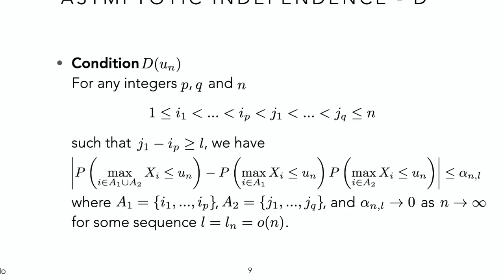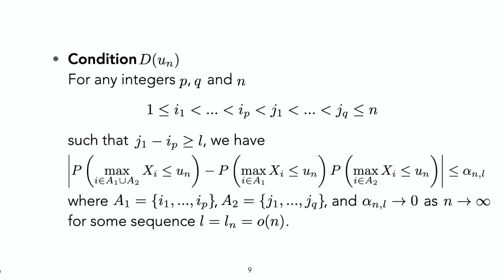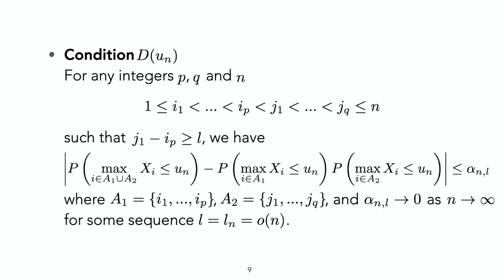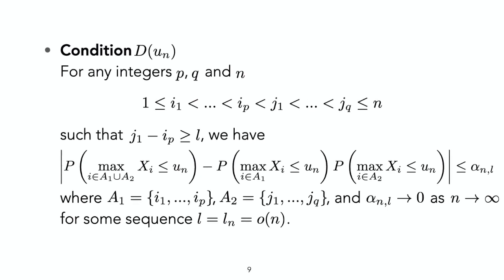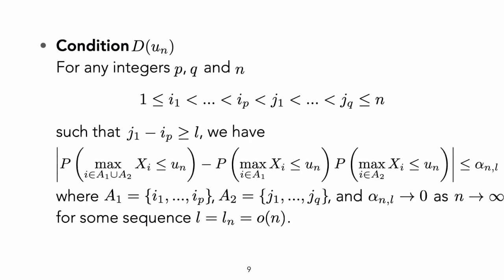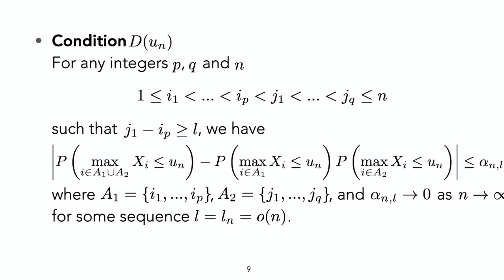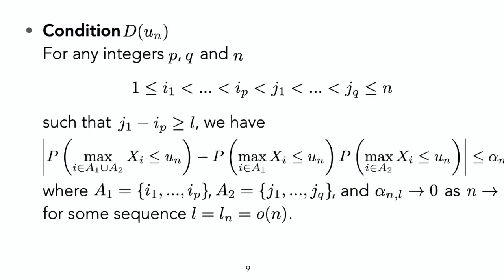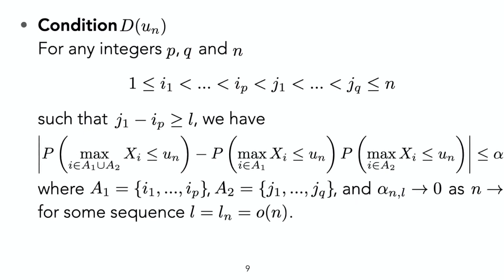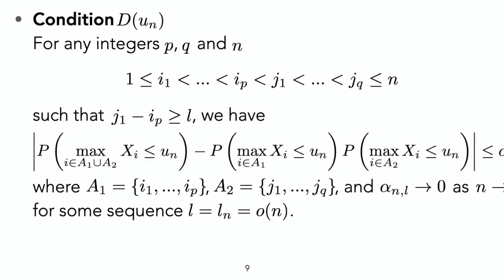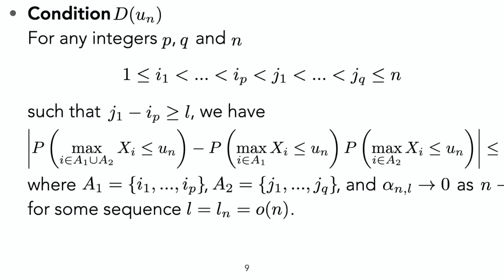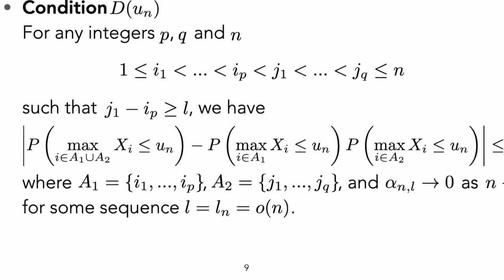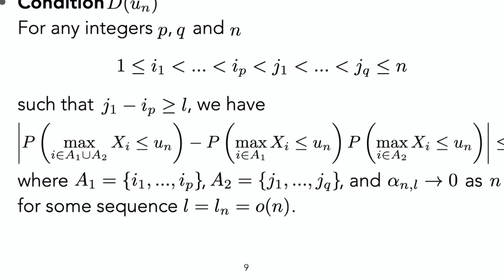So what we are requiring is nothing more than the fact that if we consider our time series and take two different time intervals that do not overlap, the more our time series grows, so the more n tends to infinity, the more the maxima that we can compute from these different non-overlapping intervals become independent.